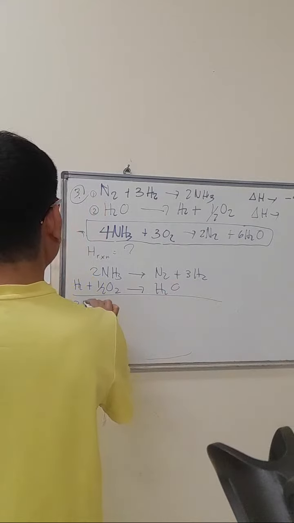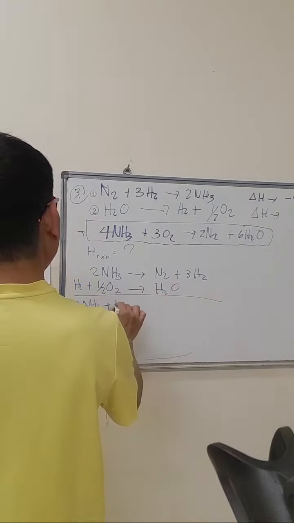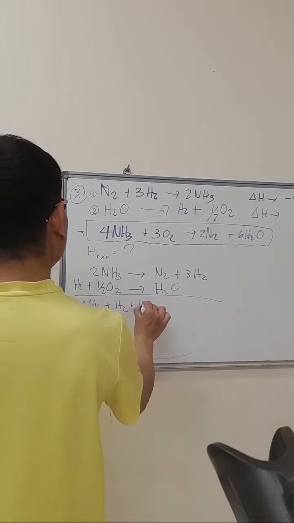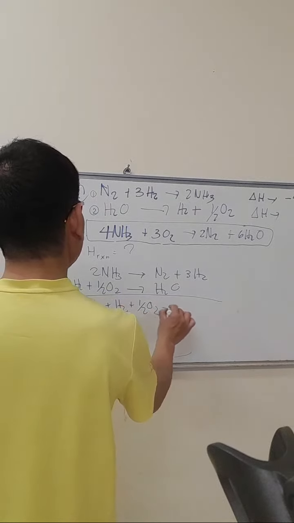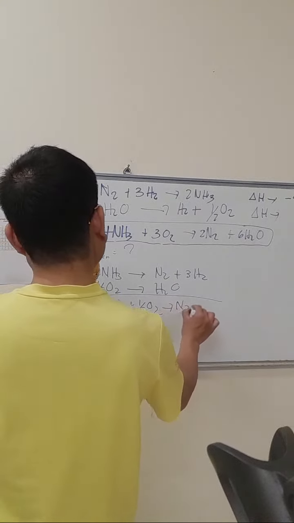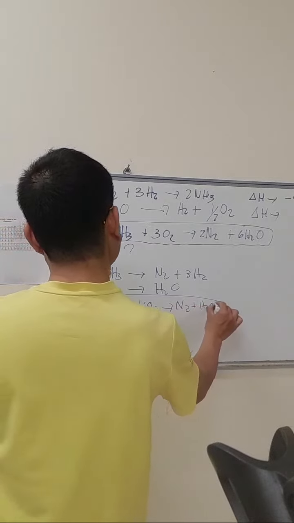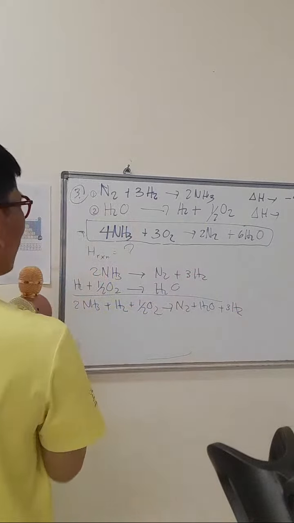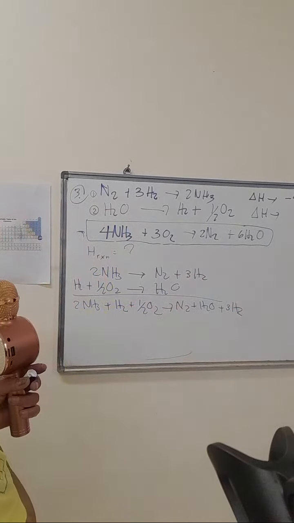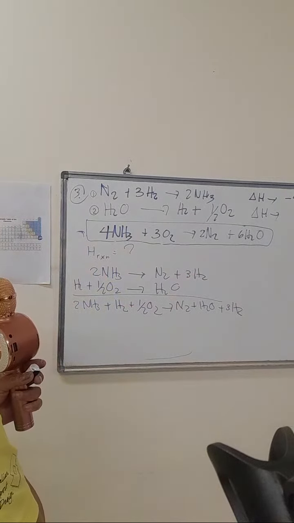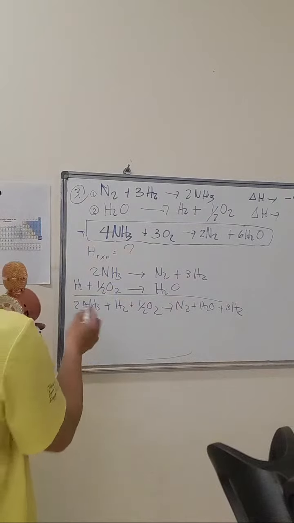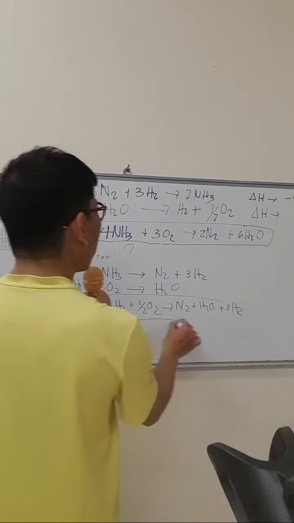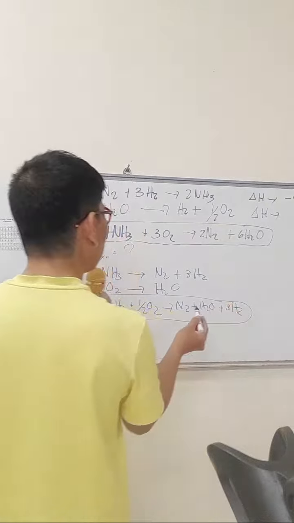So 2NH3 plus H2 plus 1/2 oxygen gas is equal to N2 plus H2O plus 3H2. Take a look, is it the same already or not? When you reverse equation 2, it looks like they have the same similarities.